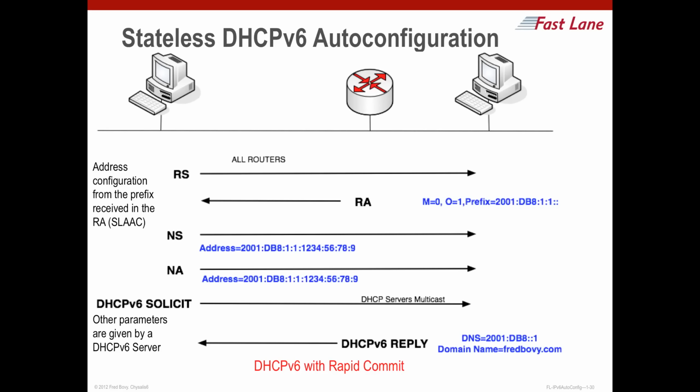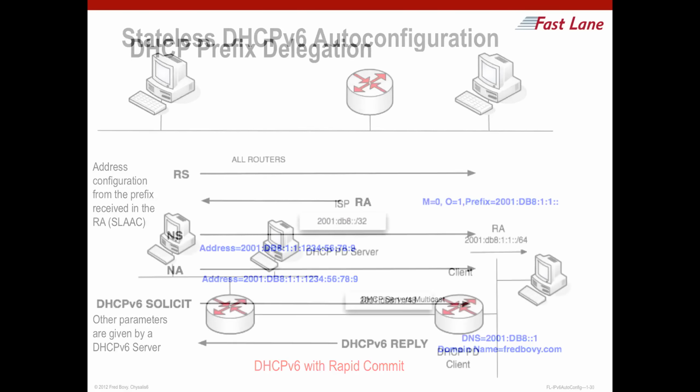So in this case, addresses are configured by router advertisements, and then we use DHCP to configure servers and maybe a domain name, for instance.